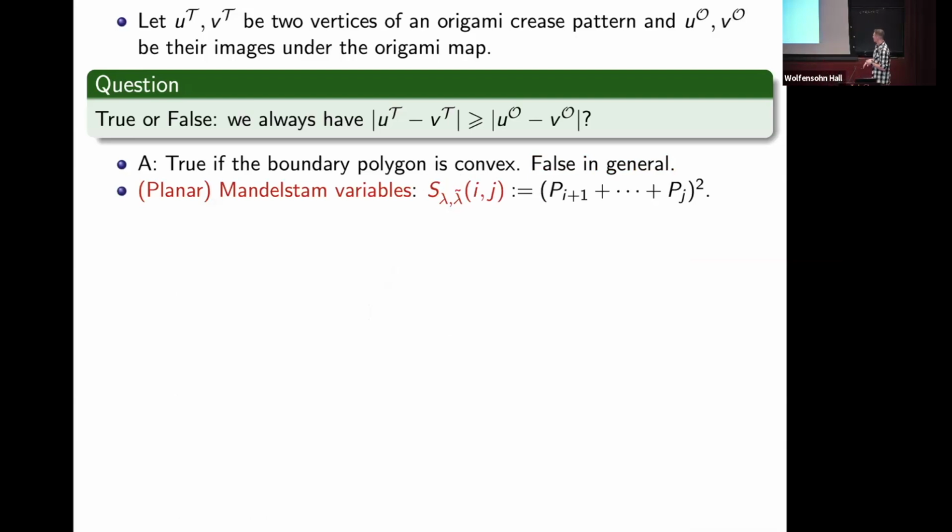So in physics, people study these Mandelstam variables, planar Mandelstam variables, which by definition are a function of particle momenta, obtained by taking a bunch of cyclically consecutive momenta, taking the sum, and taking the squared norm in the Minkowski space. And these functions appear in the denominators of the scattering amplitude. So they are very important.